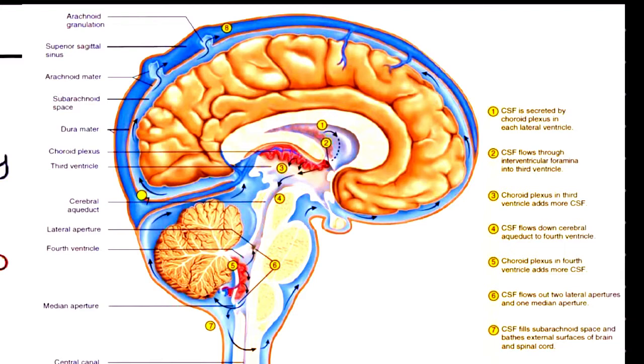From this third ventricle, CSF will flow down through the cerebral aqueduct, or aqueduct of Sylvius. As you can see, this is the cerebral aqueduct. Now it will reach the fourth ventricle.